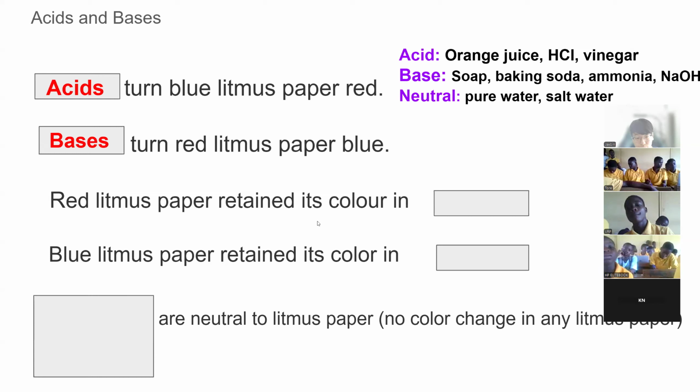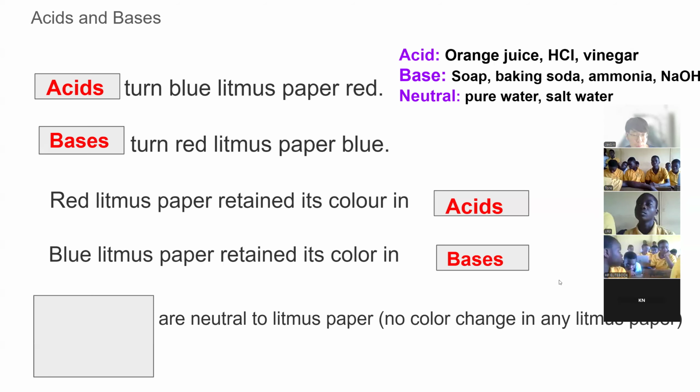And red litmus paper retains its color in acids, because acids just make it red. Blue litmus paper retains its color in bases with similar reasoning. Bases turn every litmus paper blue, so if you have blue litmus paper already, it retains its color.